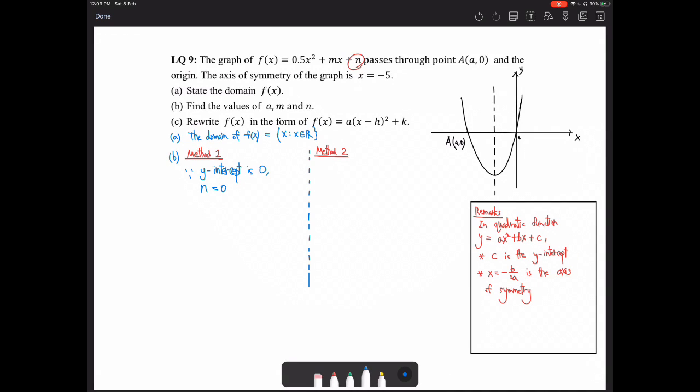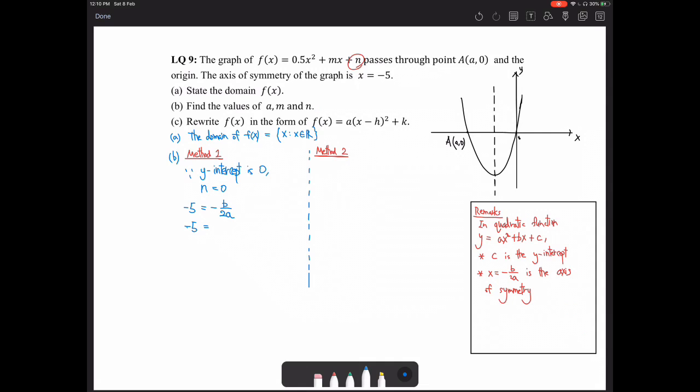Now, how about a and m? We may apply the second remark. We know x equals -b over 2a is the axis of symmetry. And from the question, we know the axis of symmetry is x equals -5. So that means -5 equals -b over 2a. And what is b?